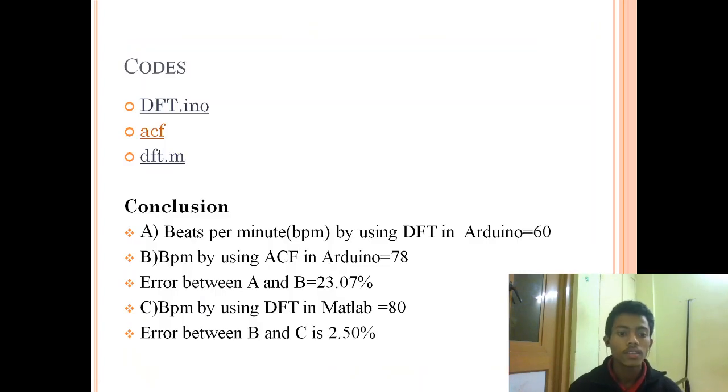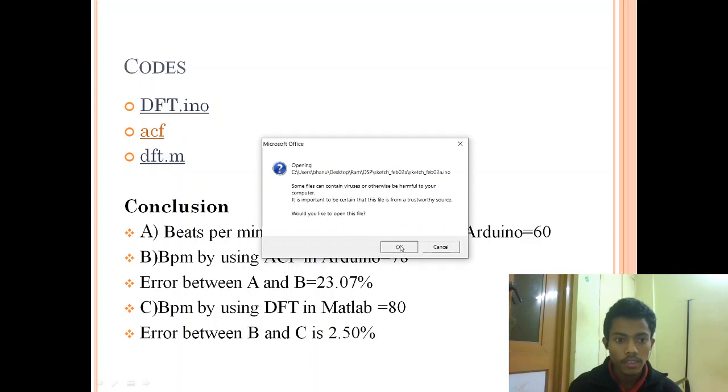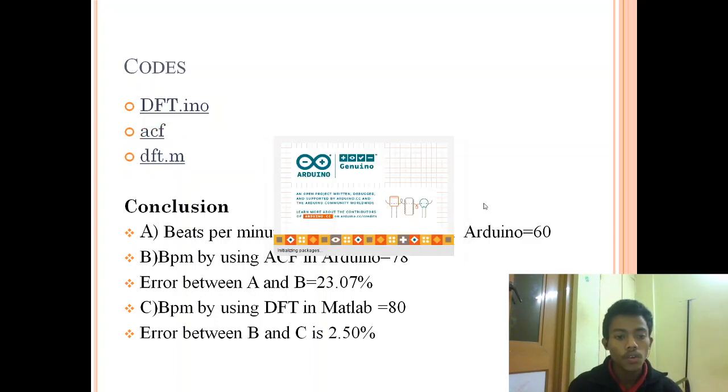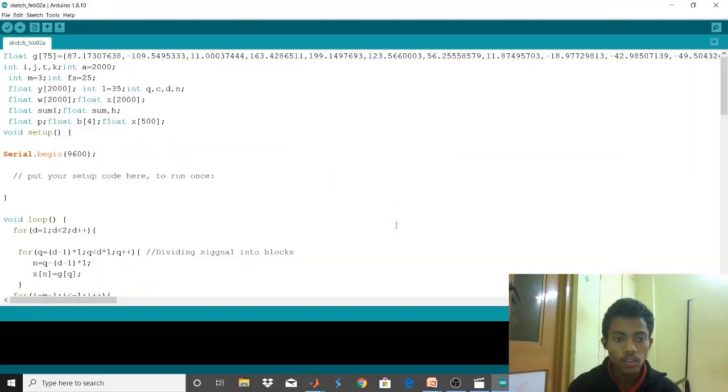Now let us understand our Arduino and MATLAB codes. First we will understand by using autocorrelation, then we will study by using DFT.